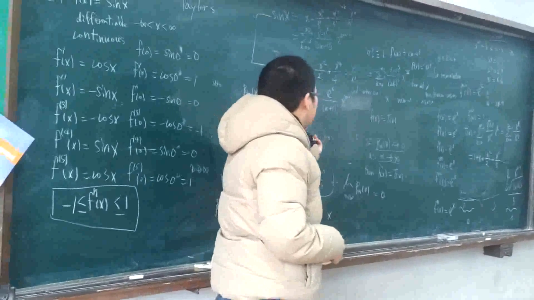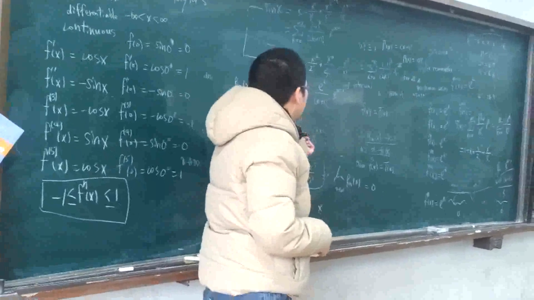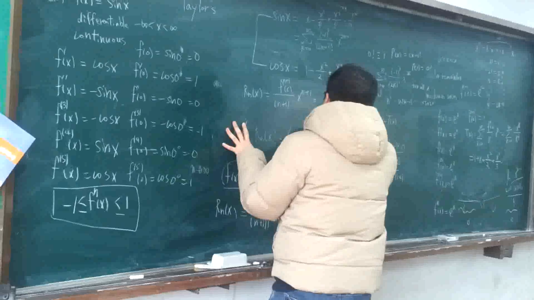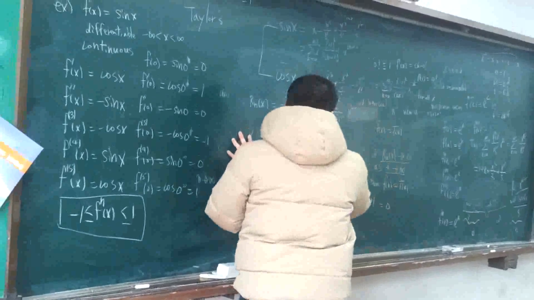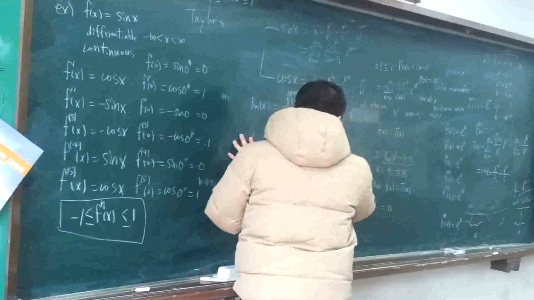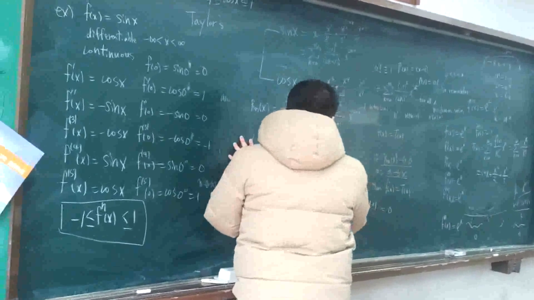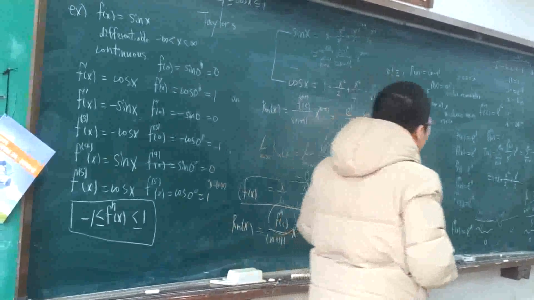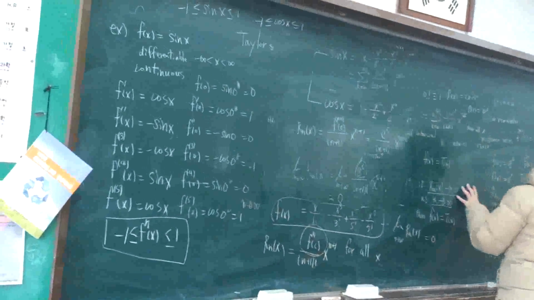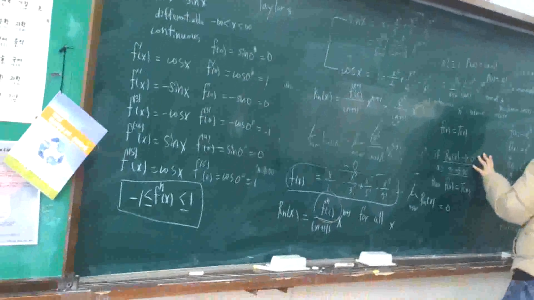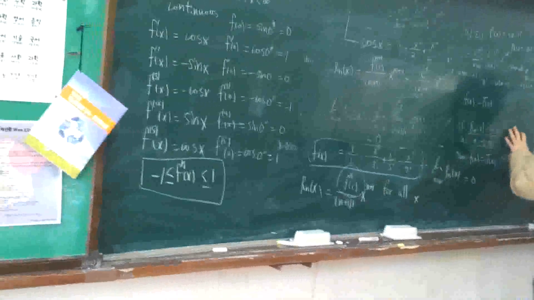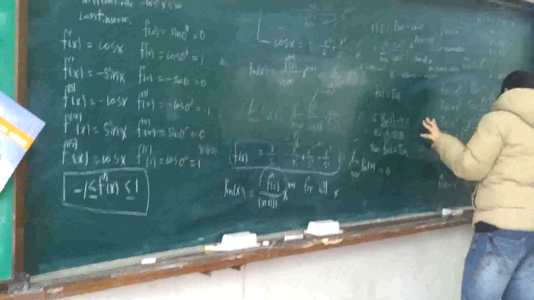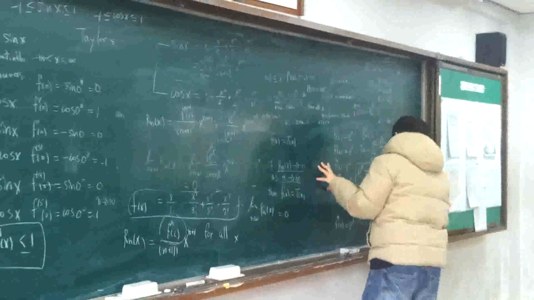So e^c is just a constant. And this increases much faster than the term here. So this equals 0. So you can say actually e^x is equal to this polynomial for all x.